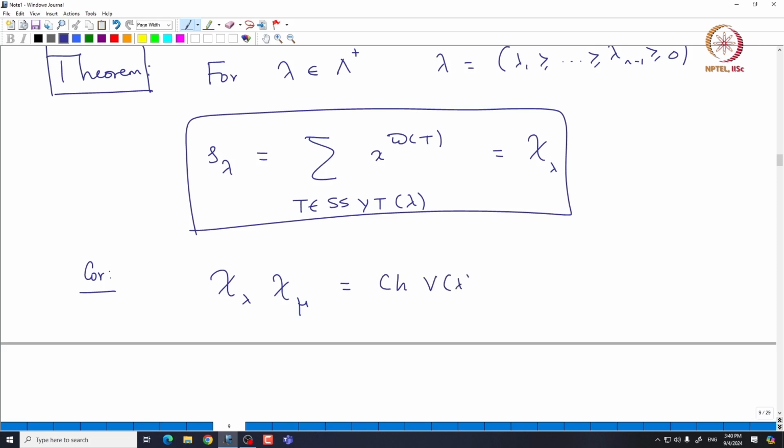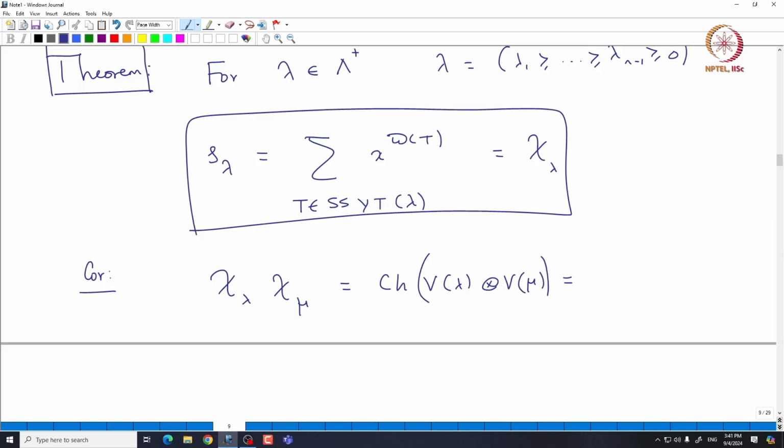Once we think of this as the character of a tensor product of two representations, then using complete reducibility or Weyl's theorem, we know that this tensor product can be written as a direct sum of finite dimensional irreducible representations of SLN.